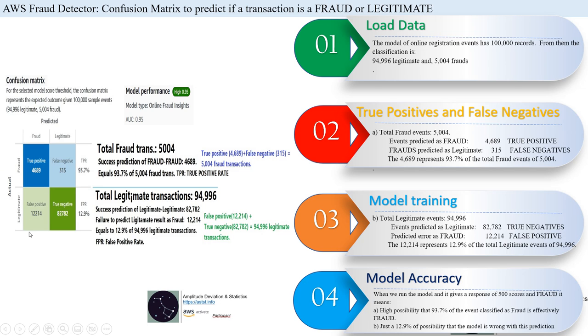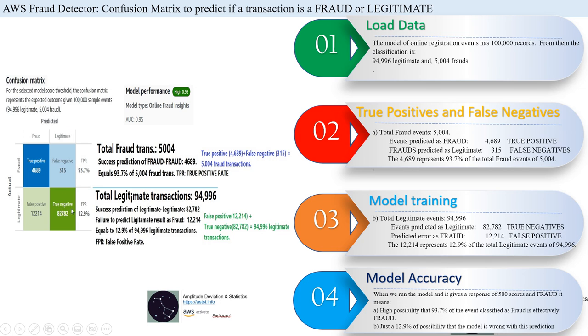For the legitimate events, we have 94,996 legitimate transactions in total, and from them the model is classifying the actual legitimate ones as legitimate transactions.